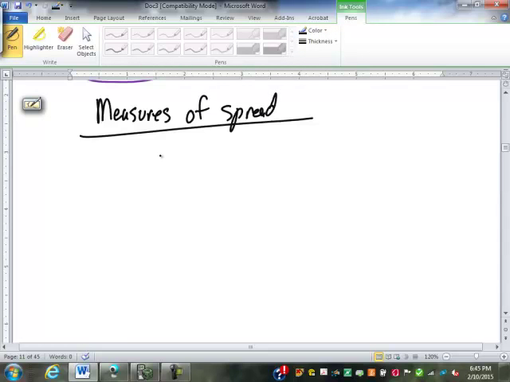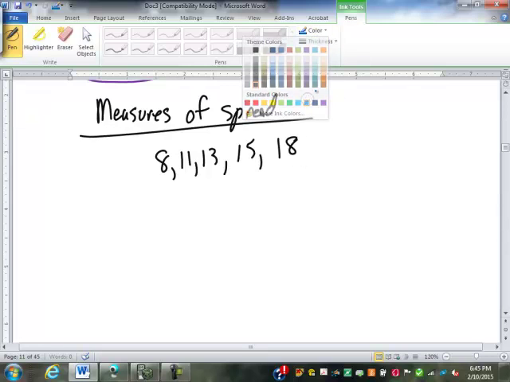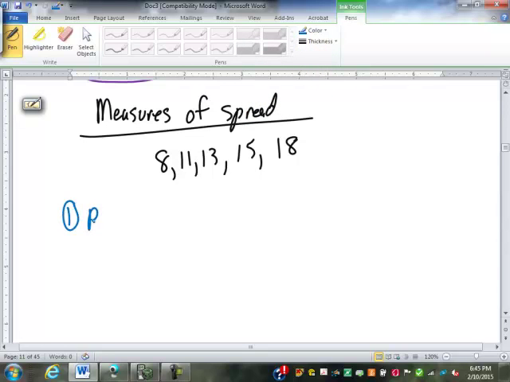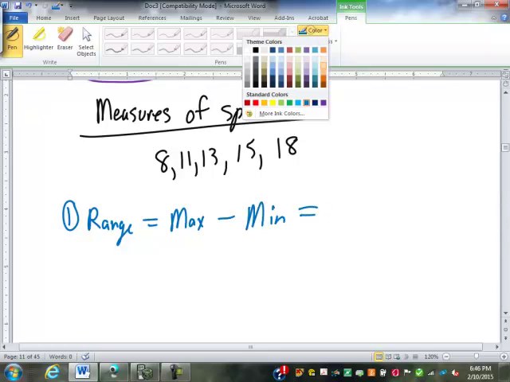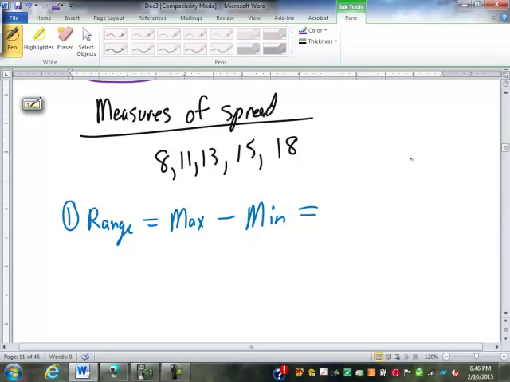So if I give you a set of numbers like that, one measure of spread is simply called the range. The range is simply the largest number, which we call the max, minus the smallest number, which we call the min. The largest number here, since I put them in order, is 18, minus the smallest is 8. This has a range of 10.